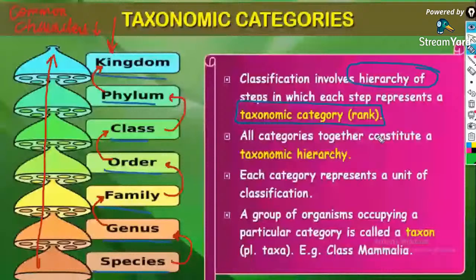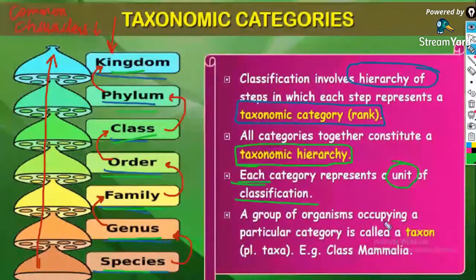All categories constitute a taxonomic hierarchy, and each category, whether it is species, genus, family, order, class, phylum, or kingdom, represents a unit of classification, a particular unit of classification.